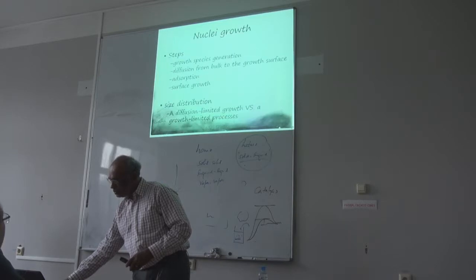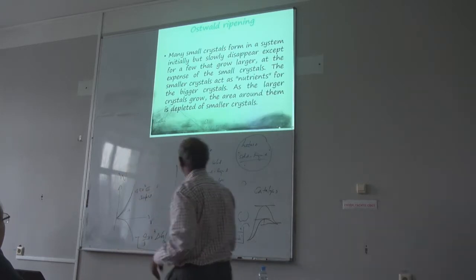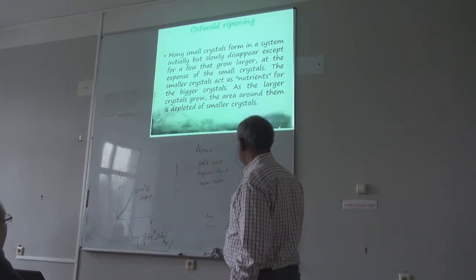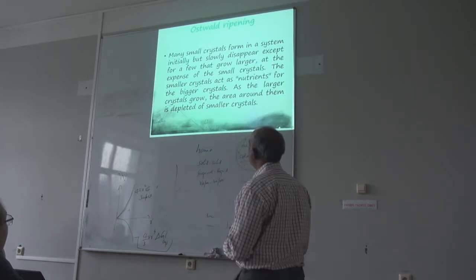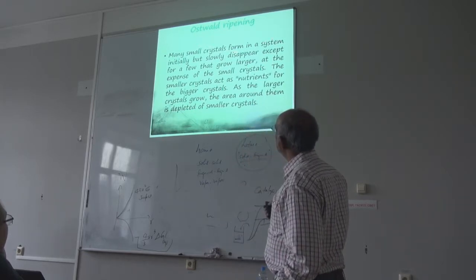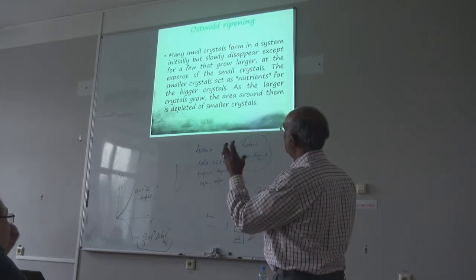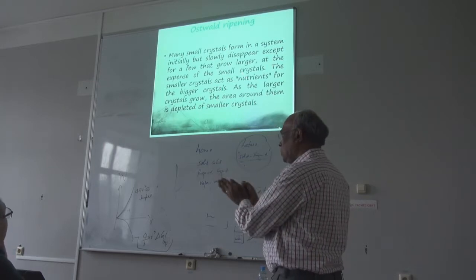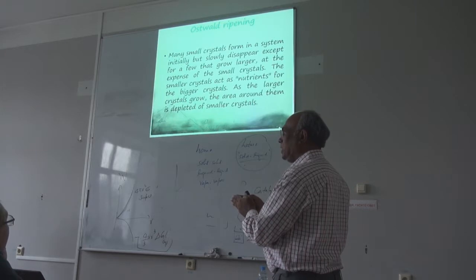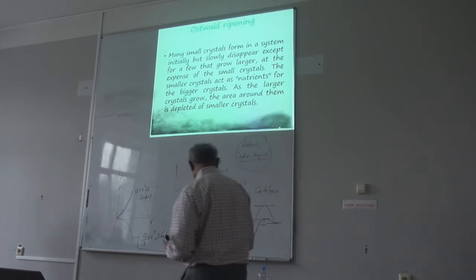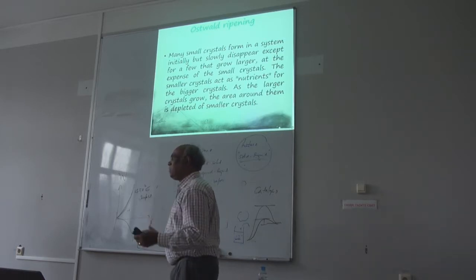We talked about this one. These are all the things I talk about. Then there's another thing I want to emphasize: something called Ostwald ripening. This means if you start with some small particles, over time these small particles try to get together and become a large particle. They say the fat man becomes fatter.